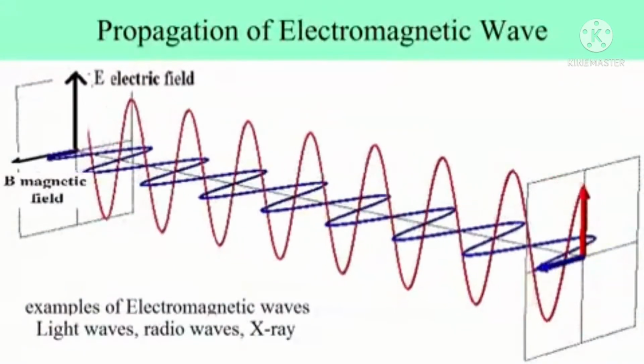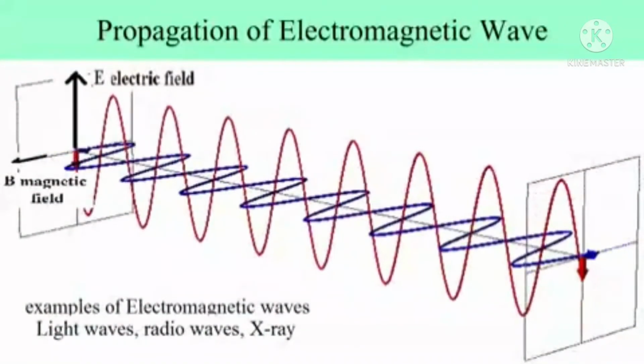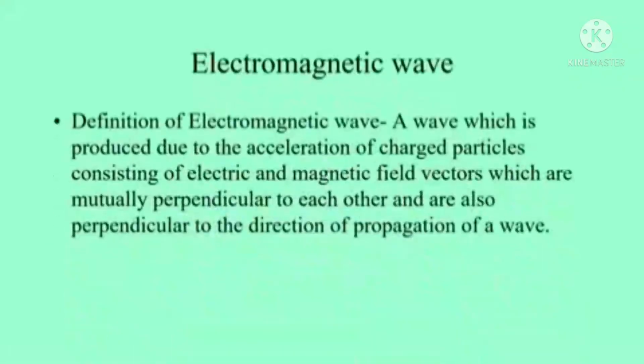The definition of an electromagnetic wave is a wave which is produced due to the acceleration of charged particles, consisting of electric and magnetic field vectors which are mutually perpendicular to each other and are also perpendicular to the direction of propagation of a wave, which is seen in the previous PPT.